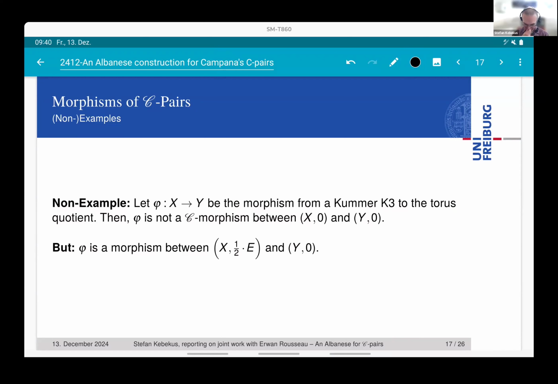Because the geometry of the K3 surface and the torus quotient is hugely different. I mean, these are projective varieties where the canonical class is trivial. So they carry a natural Kähler-Einstein metric.